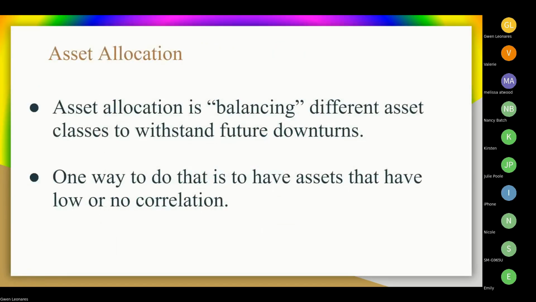Okay, so the next aspect of asset allocation we're going to look at is balancing different asset classes to withstand future downturns. What you do is try to look for things that have low or no correlation. If you're looking at financial papers, you might see this word correlation, so we're going to do a really basic example.